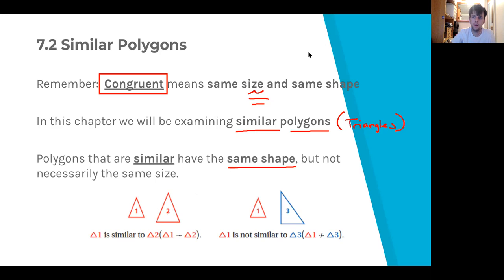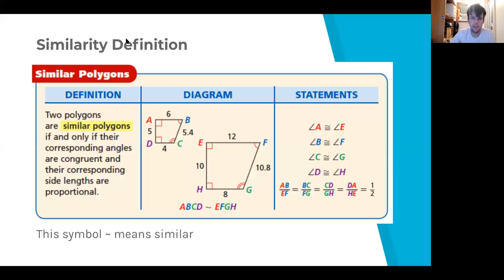All right, let's move forward and be a little more formal with this. The definition of similarity is this: two polygons are similar if and only if all of their corresponding angles are congruent, that's the first part, and their corresponding side lengths are proportional.